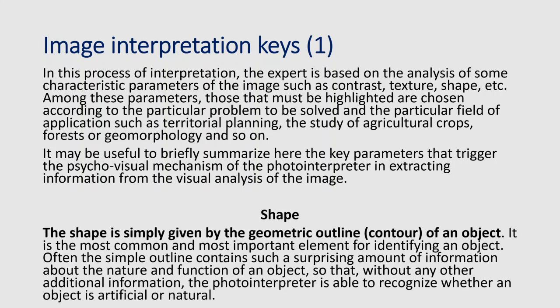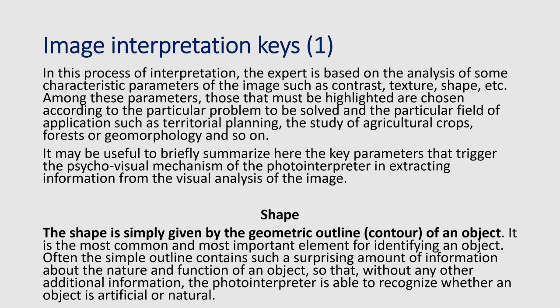What is a shape? The shape is simply given by the geometric outline, that is the contour of an object. Of course, these key parameters are devoted to images, so when we are talking about geometric outline or contour of an object, I'm referring to an object that is present over an image.